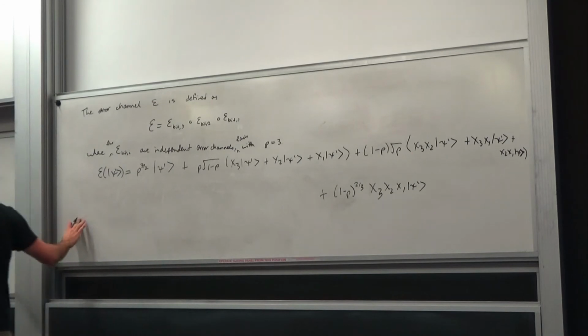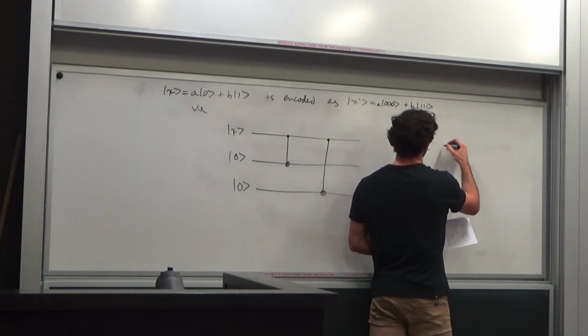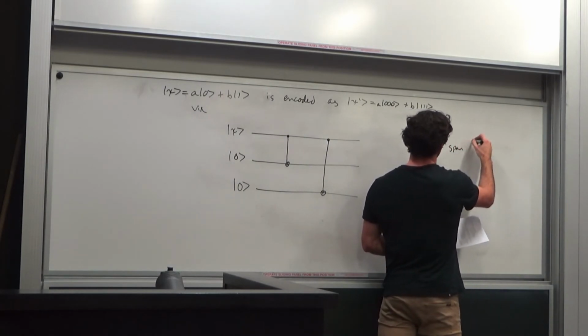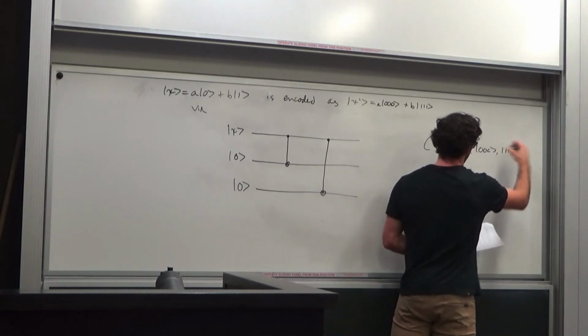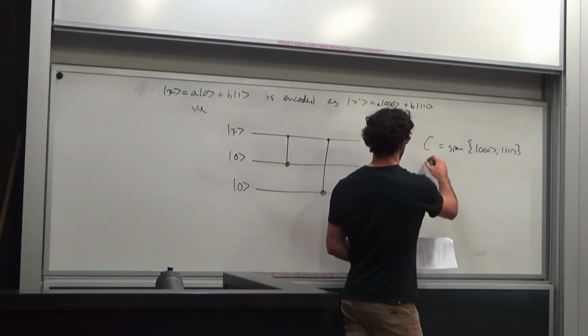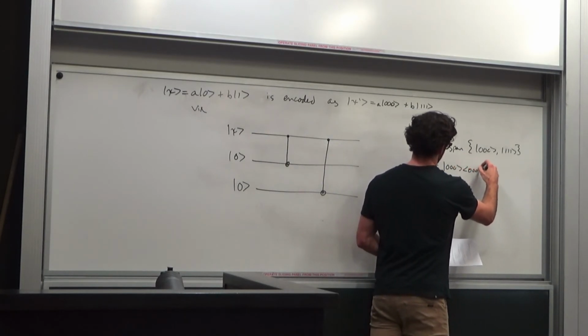So I haven't even really said what the code is. I'll write that over here. So the code is spanned by, or the subspace spanned by those vectors. And the projector is this.